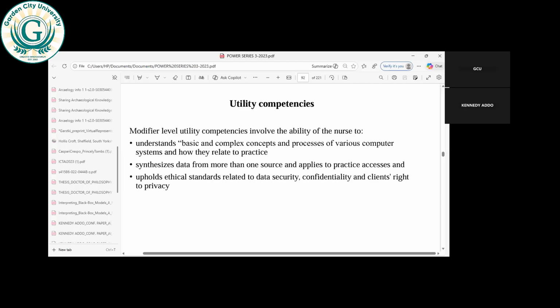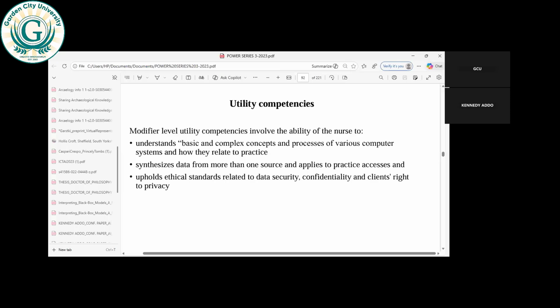Uphold ethical standards related to data security, confidentiality, among others. What this means is that an ethical governance or ethical framework, in terms of leveraging security measures to protect patient-sensitive information, is very important. So the system that we design or introduce, first of all, we should make sure that we don't do anything that may compromise the confidentiality of patient information, or we should do away with data breaches.